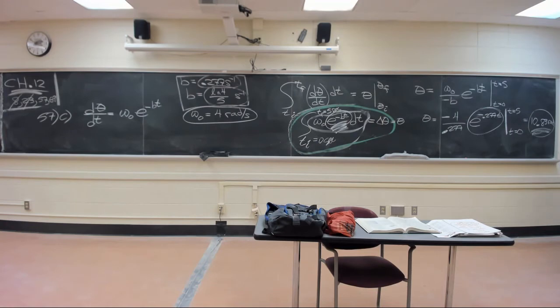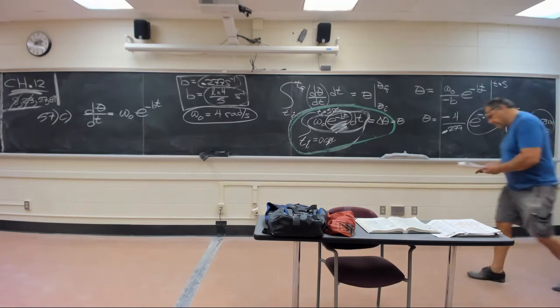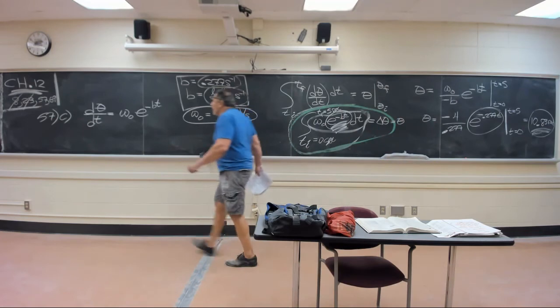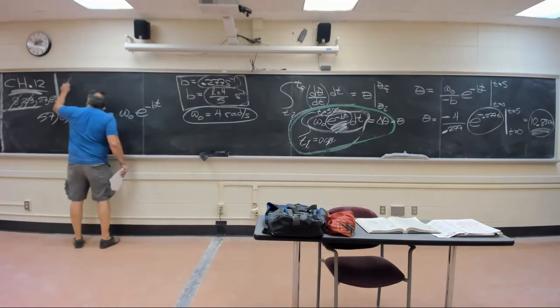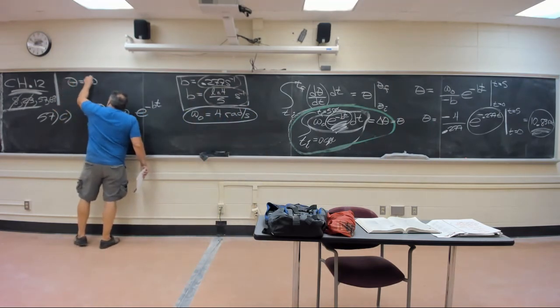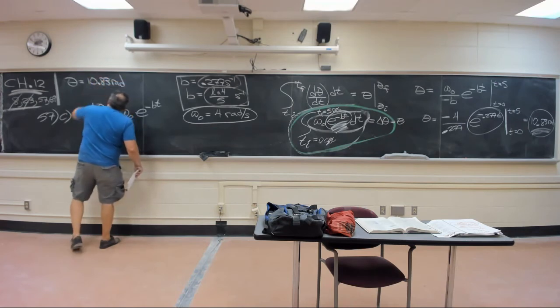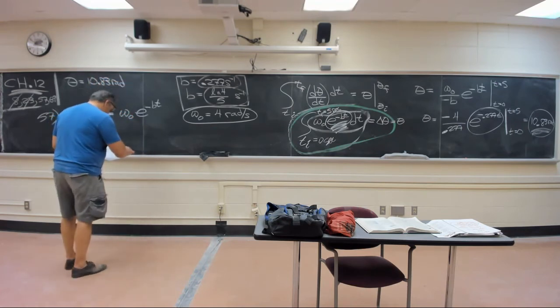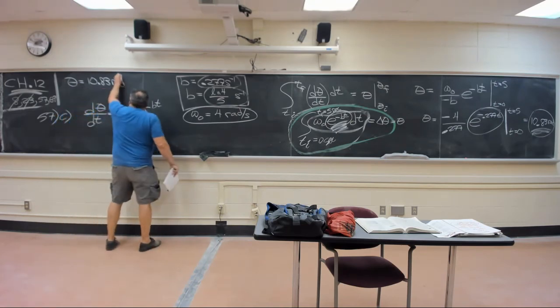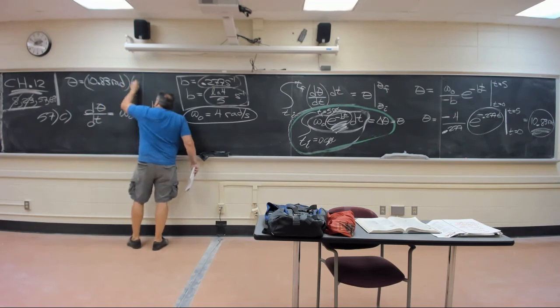So theta is 10.83 radians. Is it true that every revolution is associated with 2 pi radians?